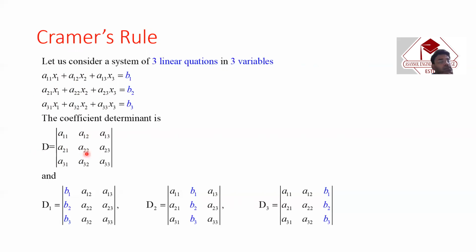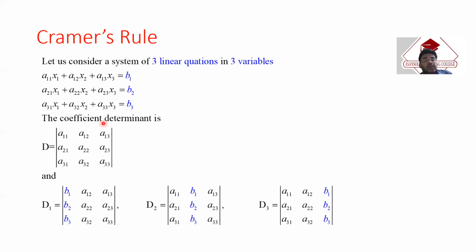The third column comes from the coefficients of x3: a13, a23, a33. The full Cramer's rule calculation is based on this D, so be careful about finding D, because the rest of the calculation depends on the determinant D.